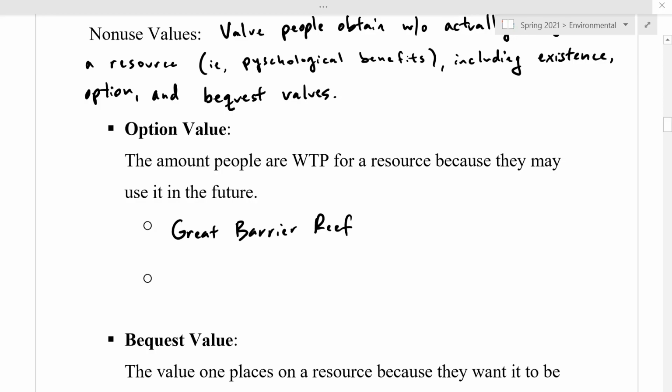So even though I haven't seen it yet, I might have a willingness to pay to protect it because I want to have that option open to me in the future.